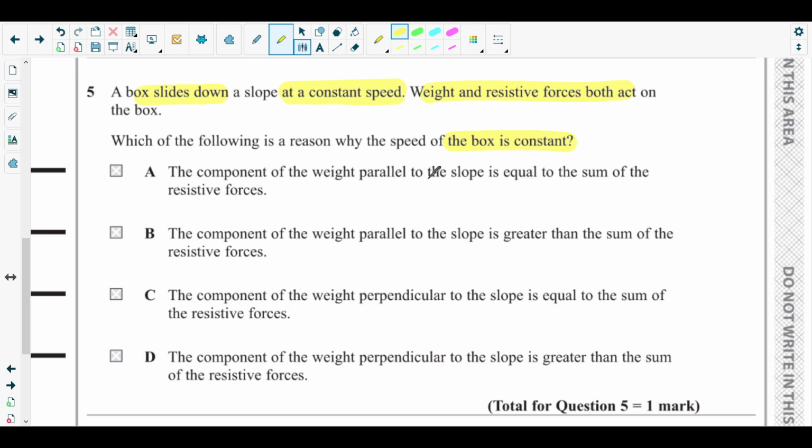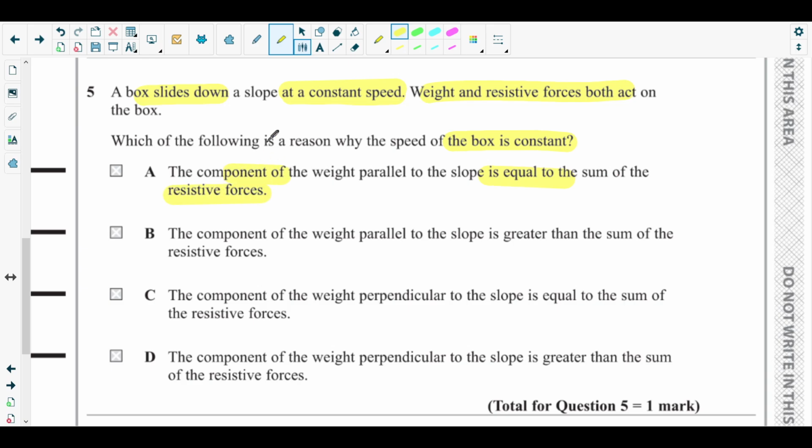Okay, so for the speed of the box to be constant, the resultant force acting on the box along the plane should be 0 Newton, right? So we will consider that fact. Option A says the component of the weight parallel to the slope is equal to the sum of the resistive forces.